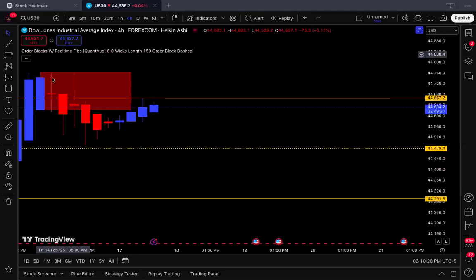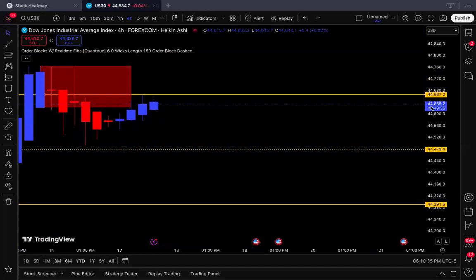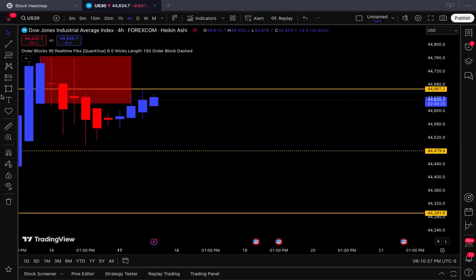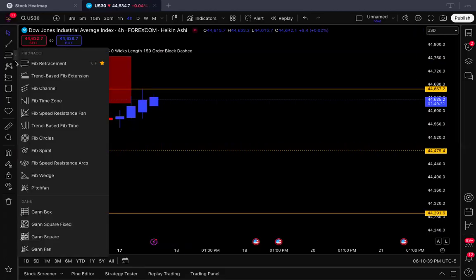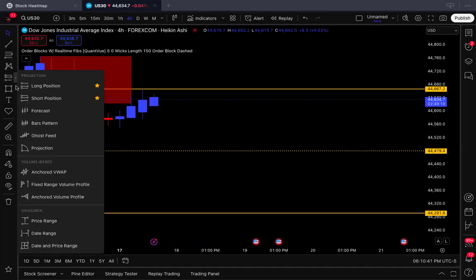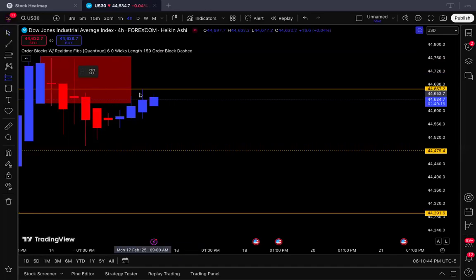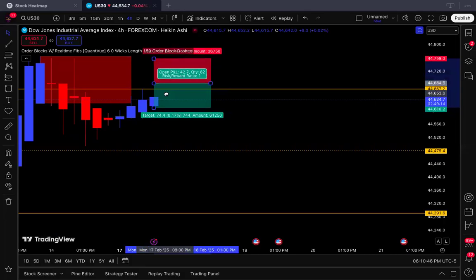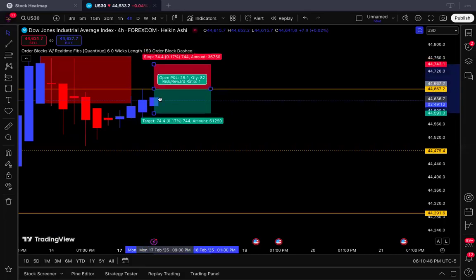And it's also coming out of a sell order block, a 4-hour sell order block. So this is what I'll be looking to happen on the US 30, just based off of this. Got a sell order block.